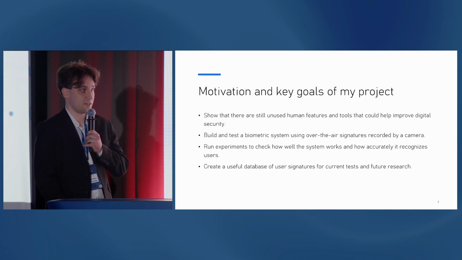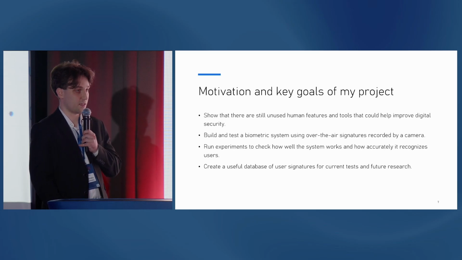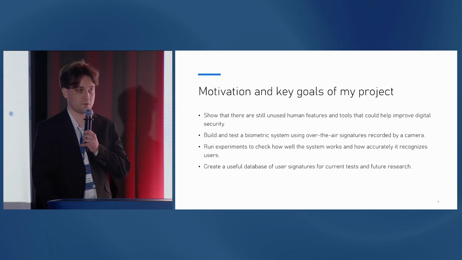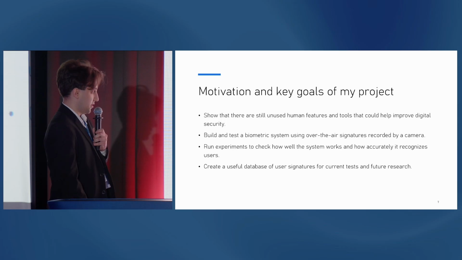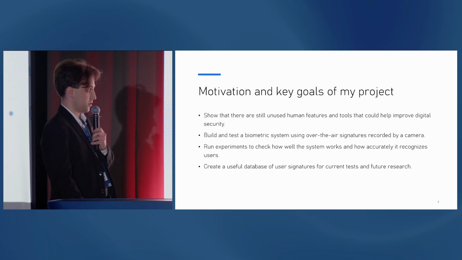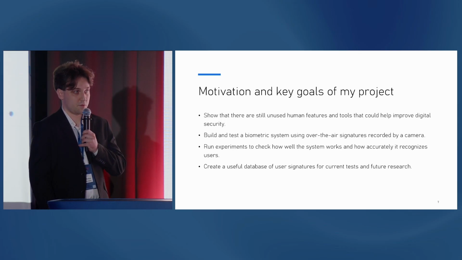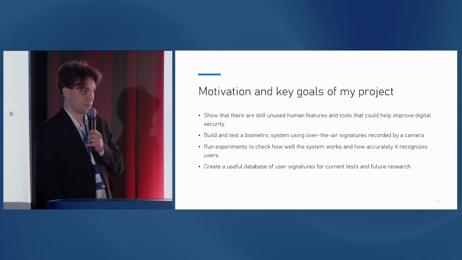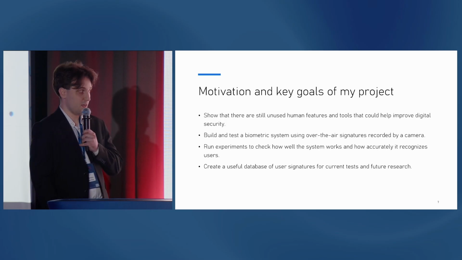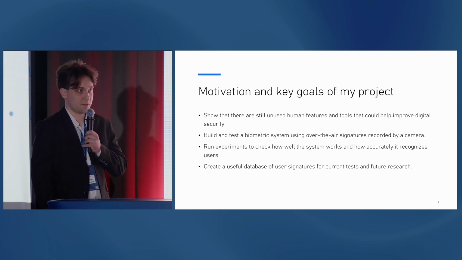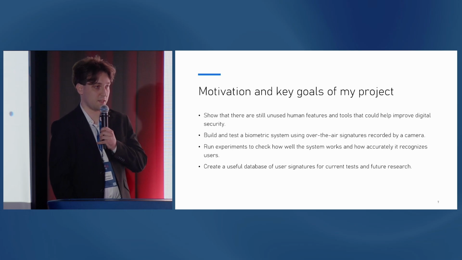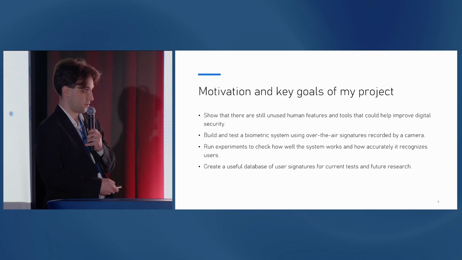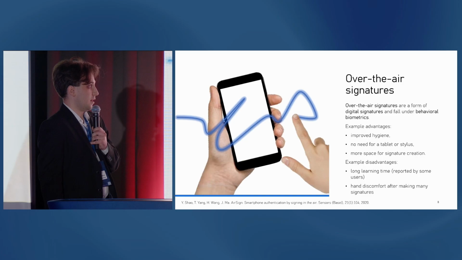The goal was to prove that there is space for developing an original solution that can support digital verification of a signature. As part of my work, we have built this system, run an experiment to show the best parameters of the system, and we created a useful database of signatures, because the system was also tested on real users.